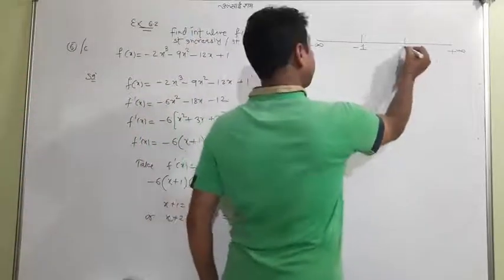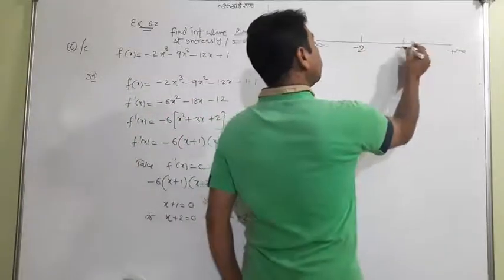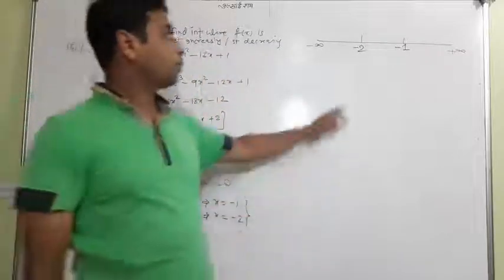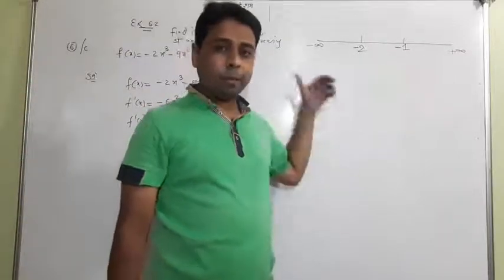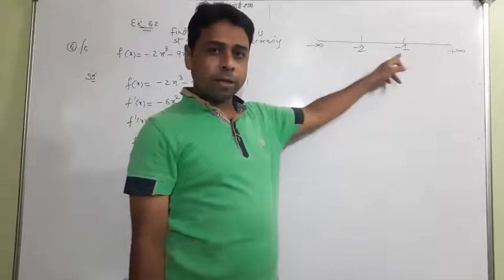Sorry, minus 2 we have. So first I'll take minus 2 and then minus 1. From left to right it is in ascending order, so the smaller one first and then the greater one later.